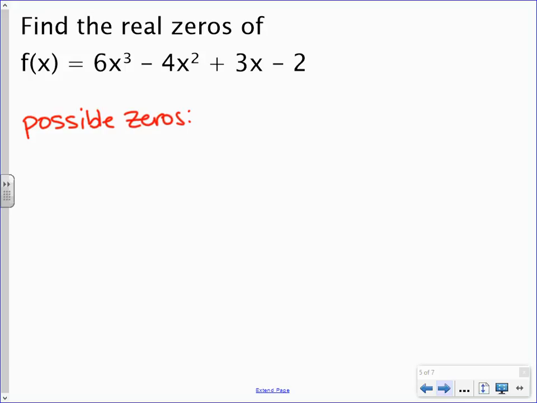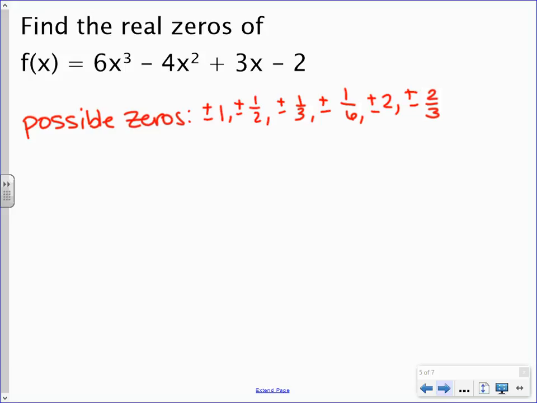Plus or minus 1, plus or minus 1/2, plus or minus 1/3, plus or minus 1/6, plus or minus 2, plus or minus 2/3. Okay. How does that list look? Look good?